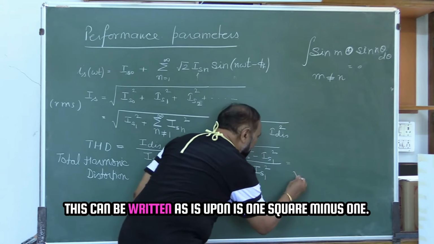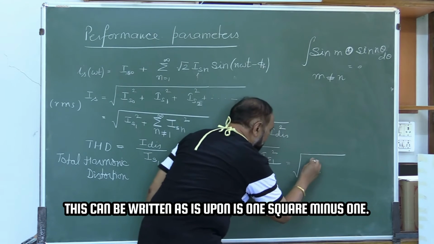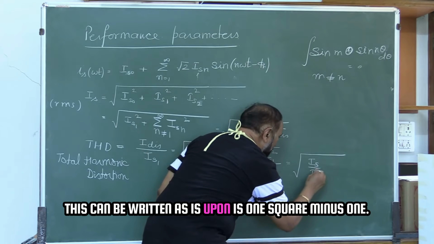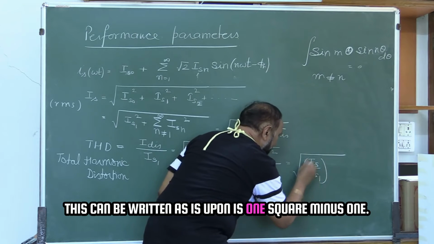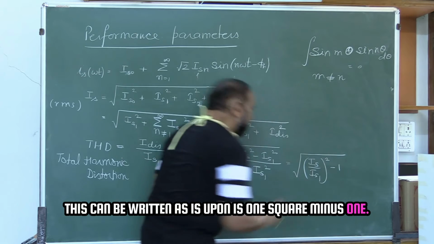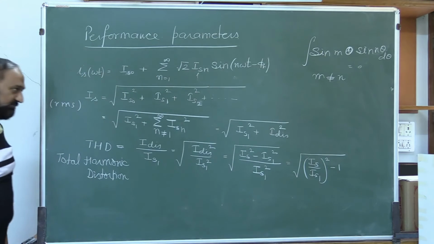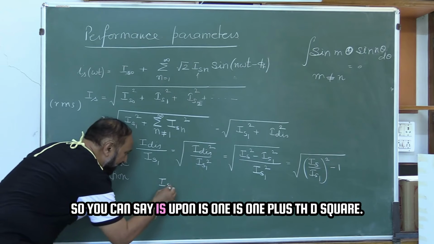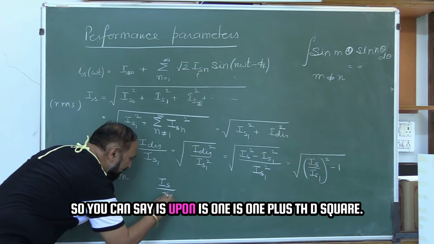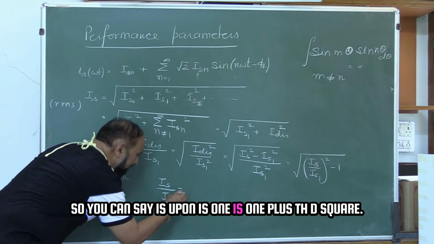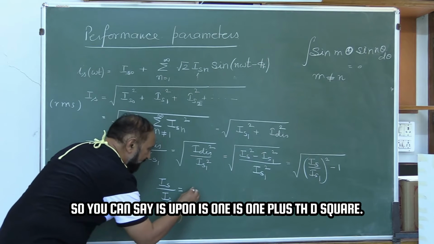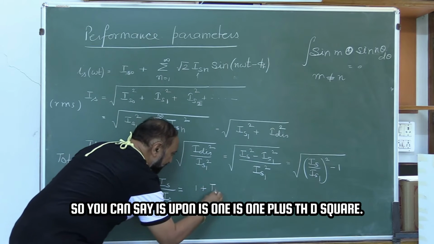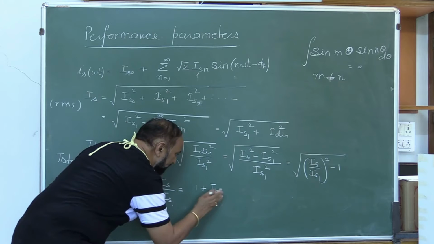This can be written as IS upon IS1 squared minus 1. So you can say IS upon IS1 is square root of 1 plus THD squared.